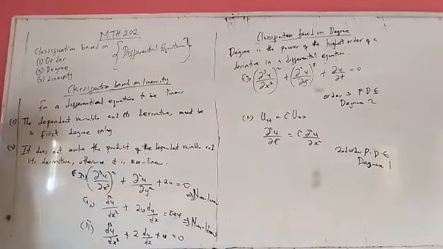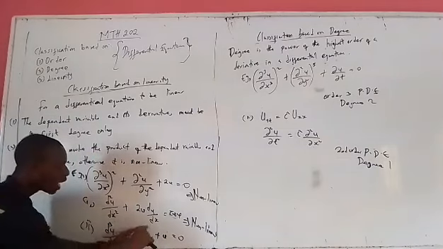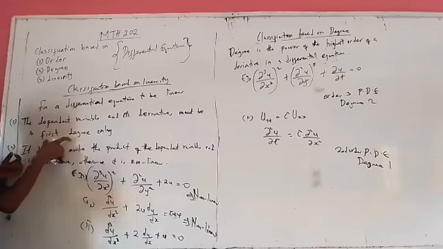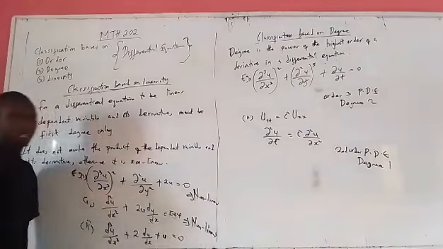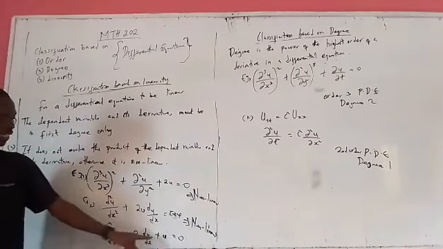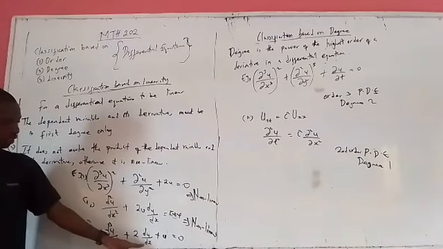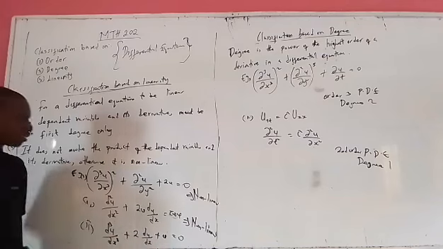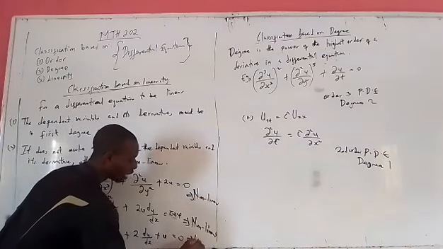This is a linear form. It is of degree 1. No matter the order, so far it is of first degree, it is linear. Do you understand? And your u is not attached to your derivative, so it is linear.